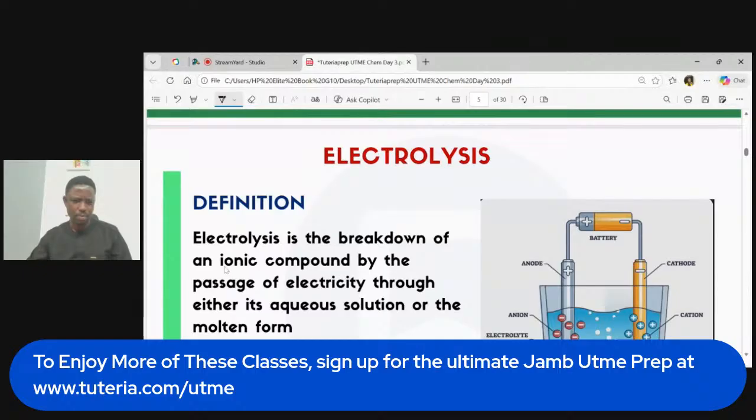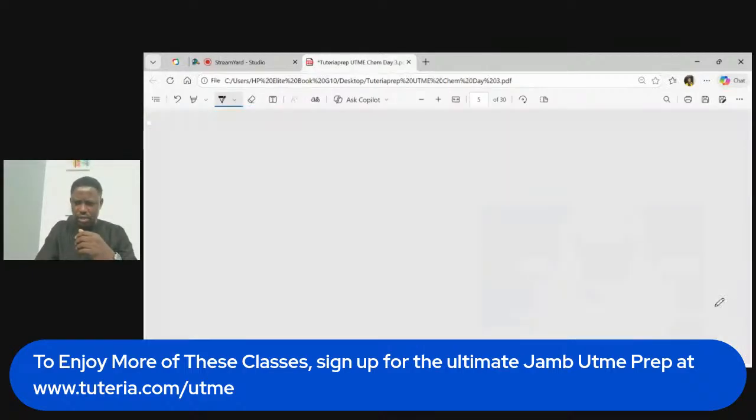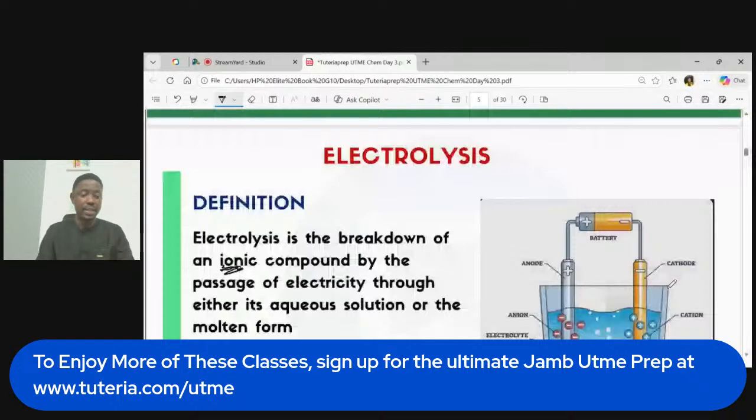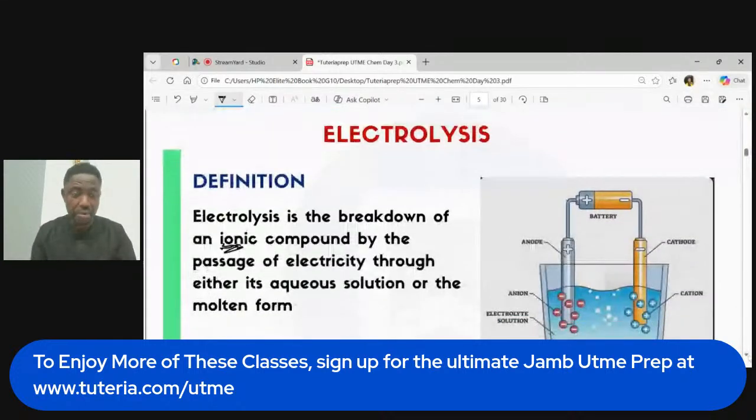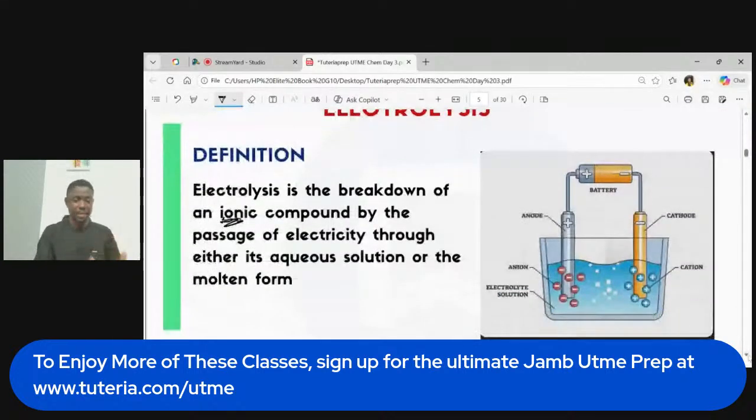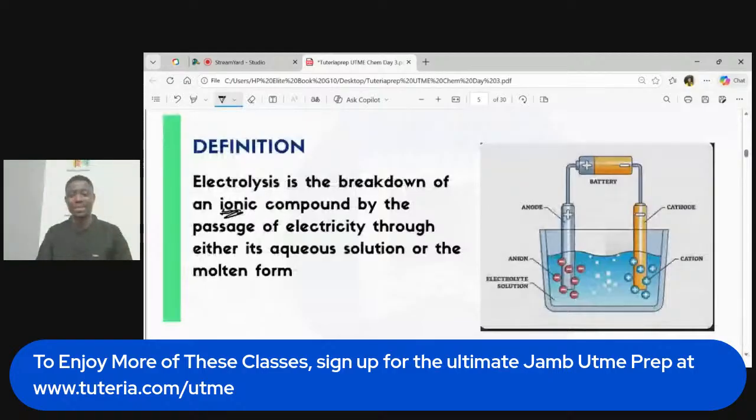Electrolysis is the breakdown of an ionic compound by the passage of electricity through either its aqueous solution or its molten form.